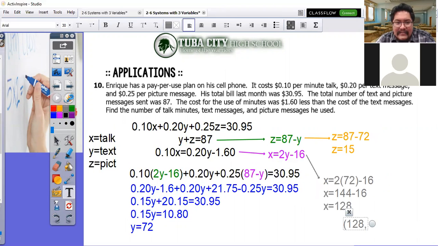I think these numbers would be very different nowadays. Unless, of course, he uses his phone for his job or something. That's a possibility. If he uses his phone for a job, he probably does need to talk to a lot of people and make sure they get the message in a timely manner. So maybe he doesn't text as much.